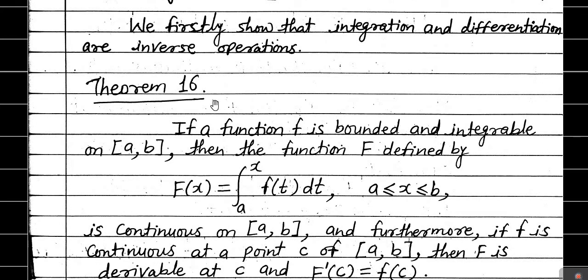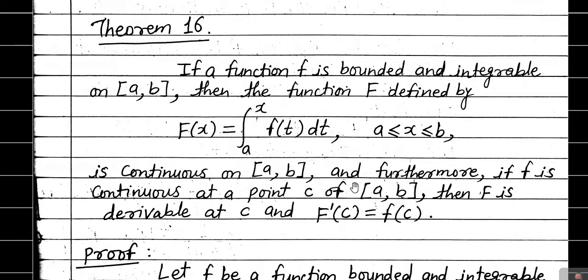The statement of theorem number 16 is: if a function small f is bounded and integrable on the closed interval a to b, then the function capital F, defined as capital F of x equal to the integration from a to x of small f of t dt, where a is less than or equal to x is less than or equal to b, is continuous on the closed interval a to b.